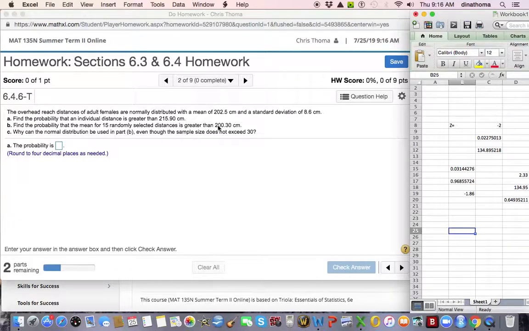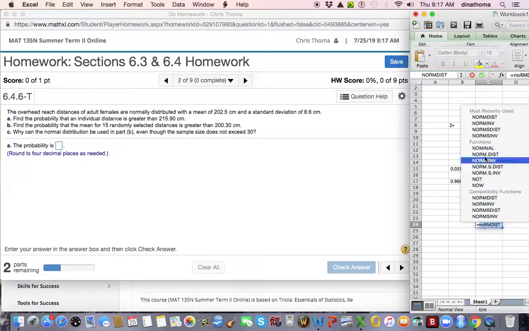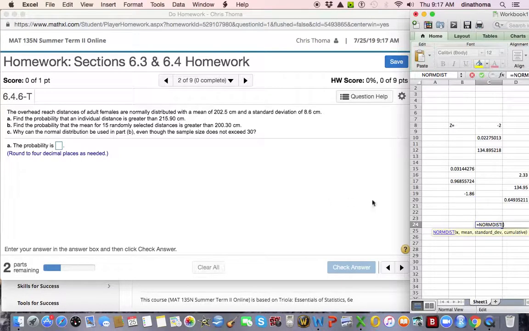So, for this problem, find the probability that an individual distance is greater than, so an individual, this is 1. So this is part A, which is 6.2. So I draw a picture, a bell curve, and then I can label my mean, label my standard deviation, label 215, color to the right because it's greater than. Then I come into Excel and I do equals norm without an S because it's not a standard norm, because it has a different mean than 0.